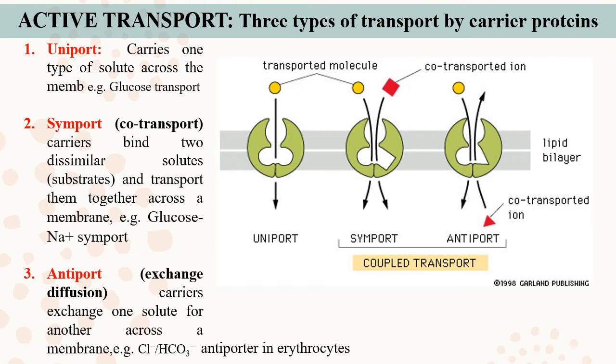For example, glucose and sodium symport, which will be discussed in a later part of this presentation. And the third one is antiport, also known as exchange diffusion, in which the carrier molecule carries one solute for another across a membrane. For example, the chloride and bicarbonate antiporter, which is present in erythrocytes.